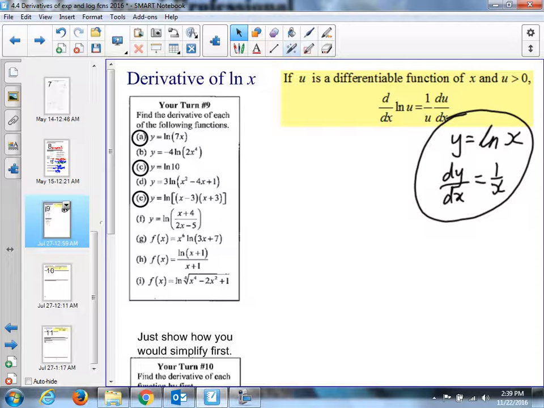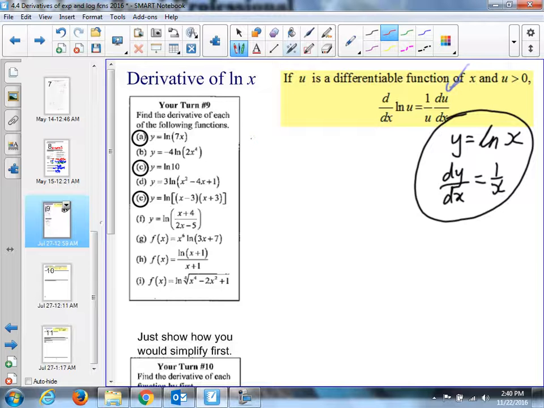And if you have something other than x inside, it's still the same thing, 1 over the thing you've got in there, but then you have to do the derivative of the inside. As long as you have that memorized, this part of it falls into place. Okay? You have to have that memorized.